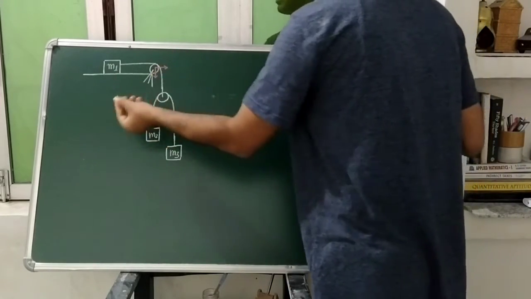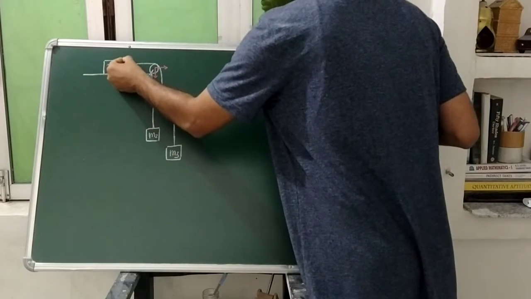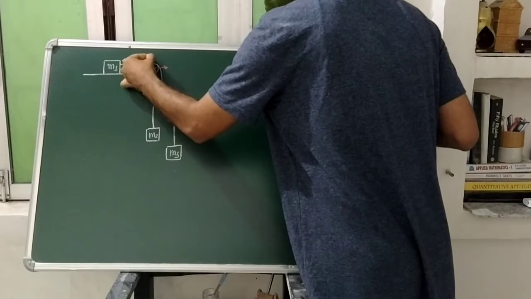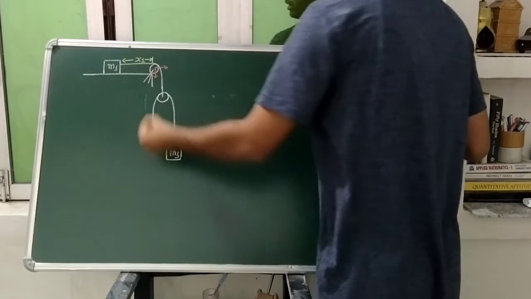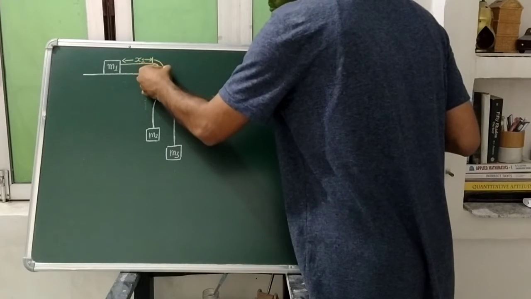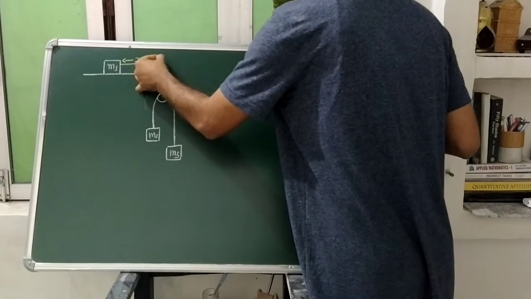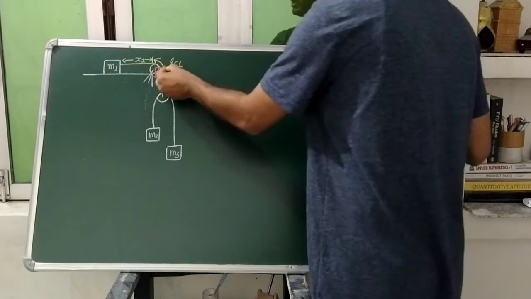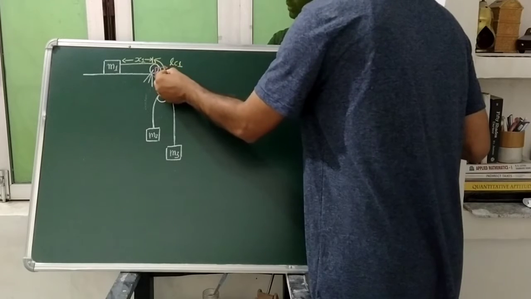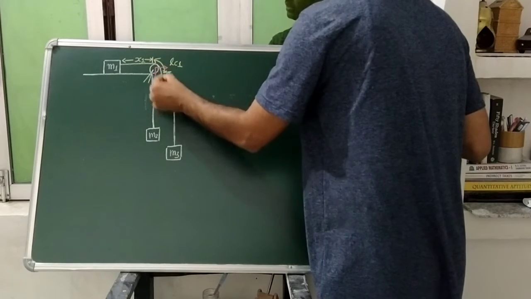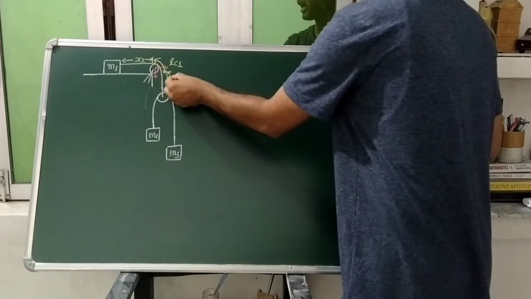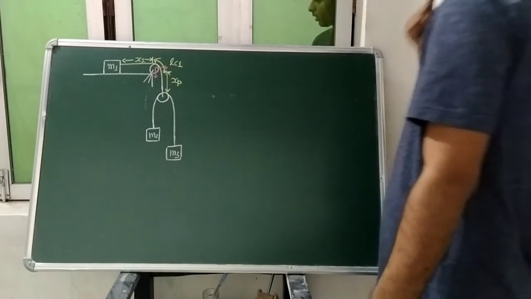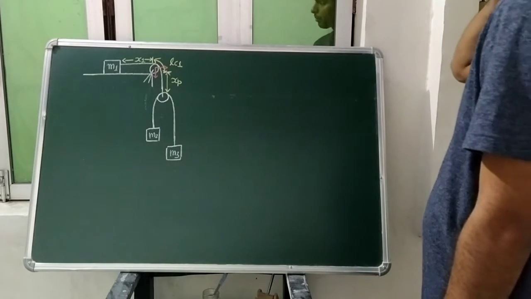From that fixed point, suppose x1 is the length of the string which is present over here, and the length of the string over this pulley is LC1, and whatever length of the string is present here, I am denoting by xp. The length of the string from here to here is xp.